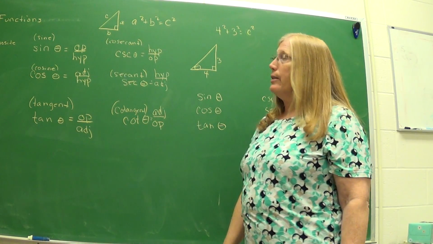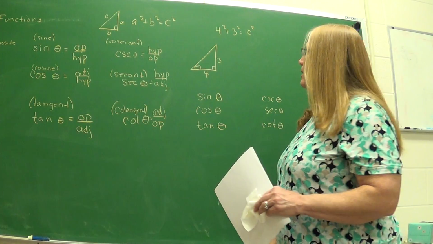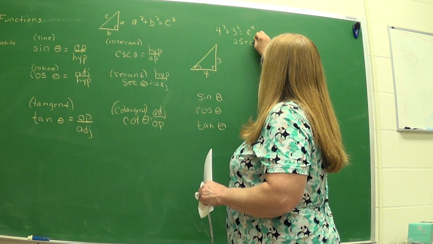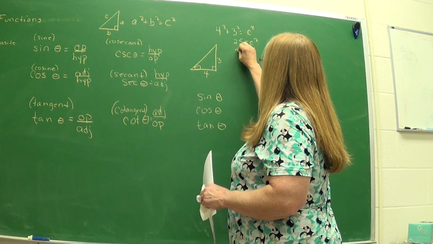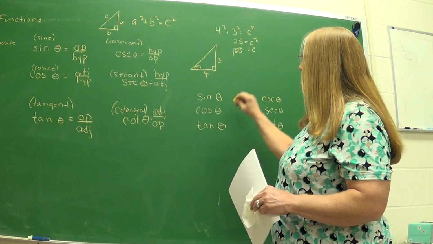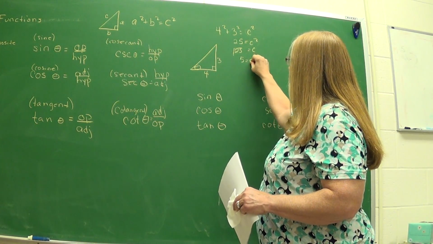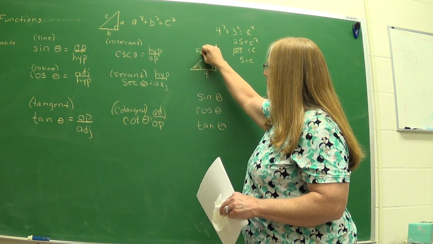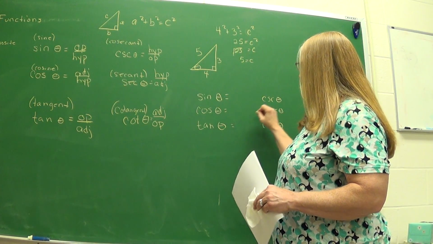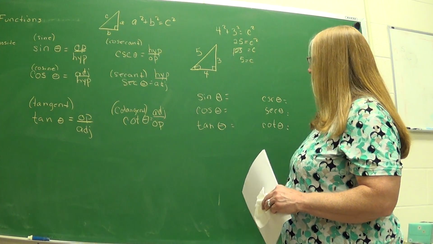So 4 squared is 16 plus 9 from 3 squared gives me 25 equals C squared, or C equals the square root of 25. When you take the square root of both sides, you see that side C is 5. So I'm going to put that in my drawing. Now I can compute the 6 trig functions.